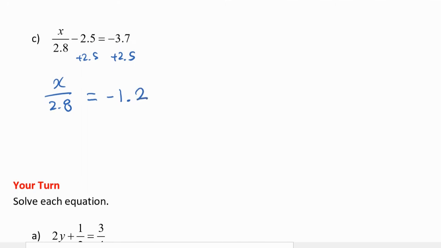Right, and now we're going to isolate x by multiplying 2.8 on both sides. So if you put this number into your calculator, x equals negative 3.36. So this will be your answer.